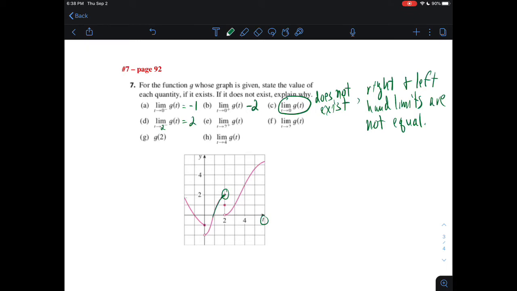But if I was to look at approaching 2 from the right, which is what part E says, then I'm using a different part of the graph. That's approaching 0. And then in part F, what is the limit of g of t as t approaches 2? Again, the right and the left-hand limits are not equal to each other, so this also does not exist.